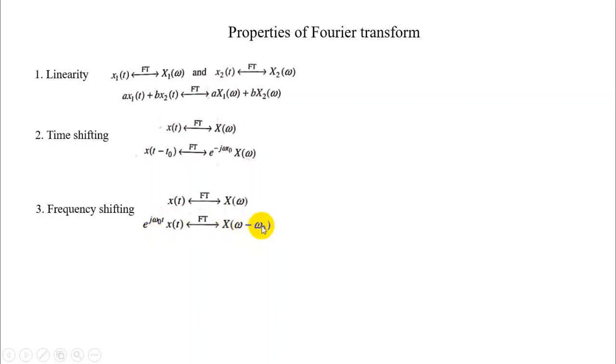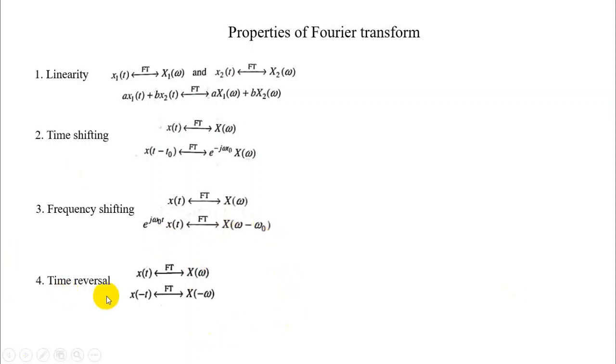That is, in e to the power j omega naught t, the angular frequency omega is replaced by omega minus omega naught. I think it will be easier after having several examples in the next videos.